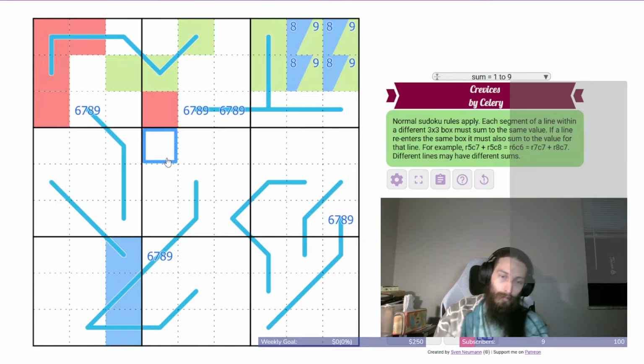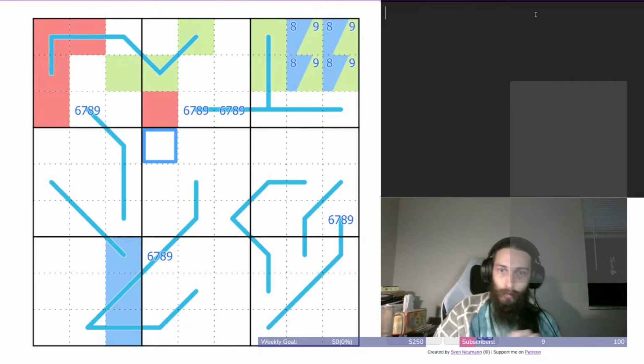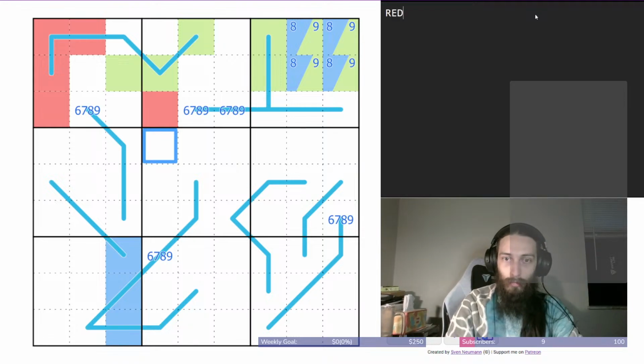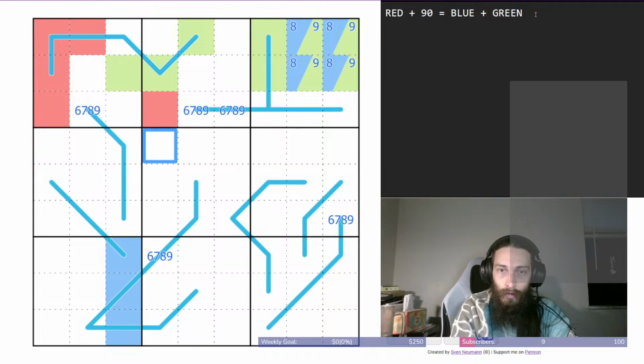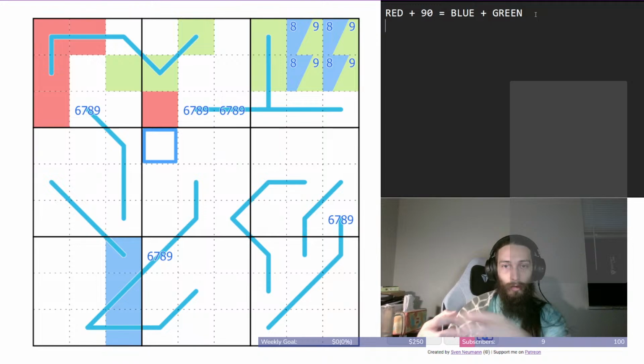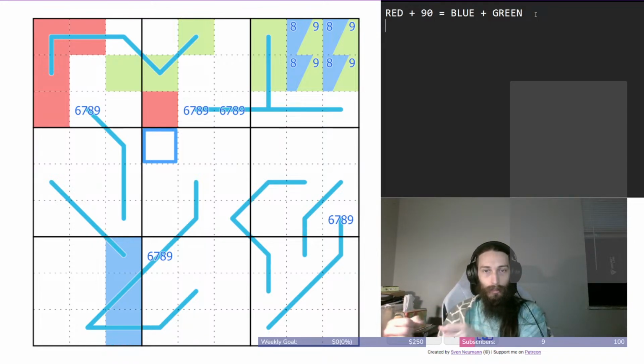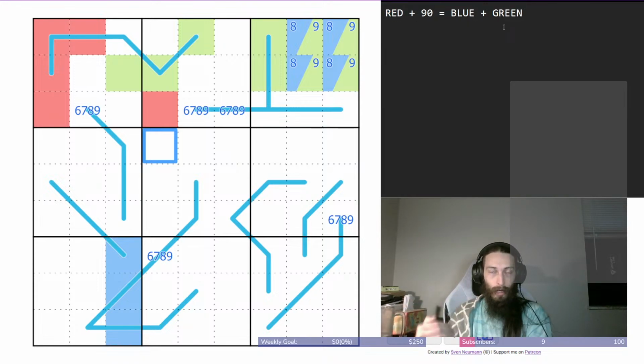I have no idea. Okay, this is where Sudoku Notepad comes into play. So red plus 90 is equal to blue plus green. Now, whenever I've taken digits away, they've come from red and green, and they've always equaled the same amount.